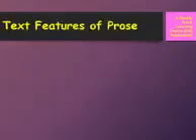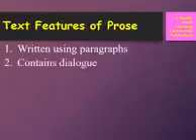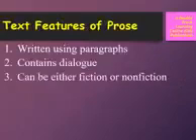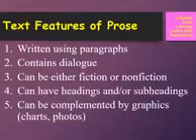These include being written using paragraphs. Sometimes they do contain dialogue, though they can be either fiction or non-fiction. They can have headings and/or subheadings. That is, sometimes they can have chapters. They can be complemented by graphics, such as charts and photos.